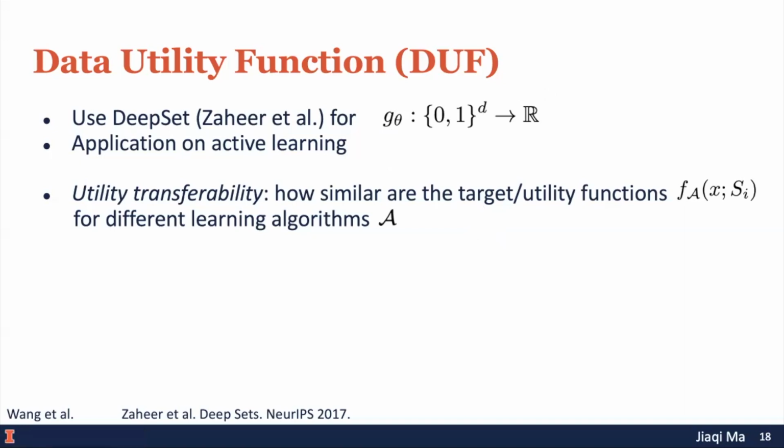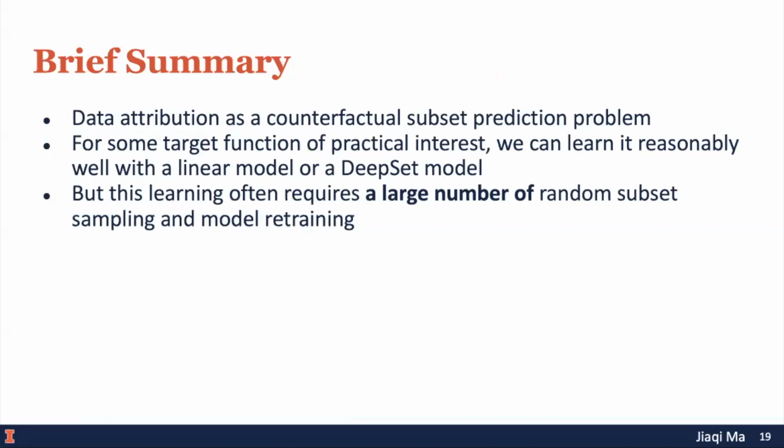So to briefly summarize, we so far have talked about data attribution as a counterfactual subset prediction problem, which can be viewed as a generalization of the leave-one-out approach. For some target function of practical interest, such as the test loss or model prediction, we can learn it reasonably well with a parameterized linear model or deep set model.